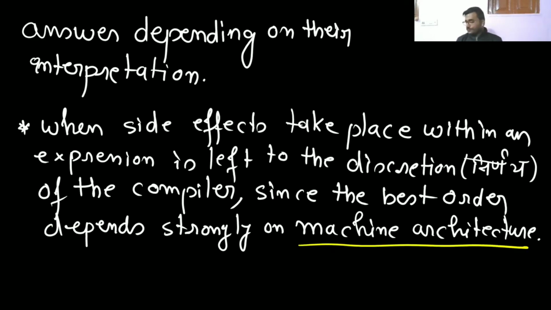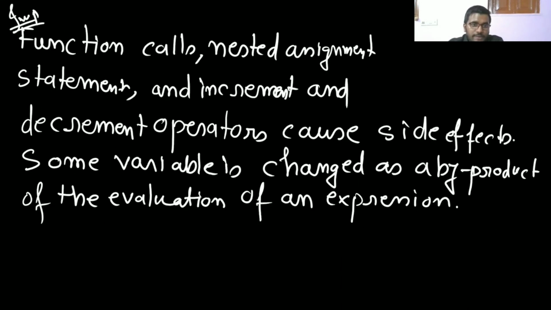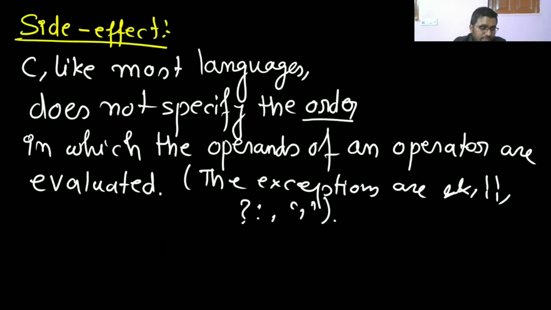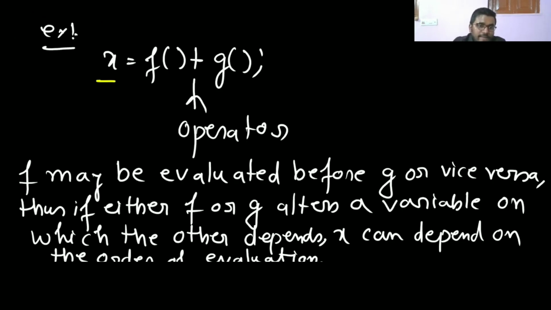So your operators and all these things are finished. Then we have seen the side effect, where it is compiler dependent. Most programming languages do not specify the order in which the operands of an operator are evaluated. Like if you have x and a function call f, whether f will be called first or g will be called first, you don't know.